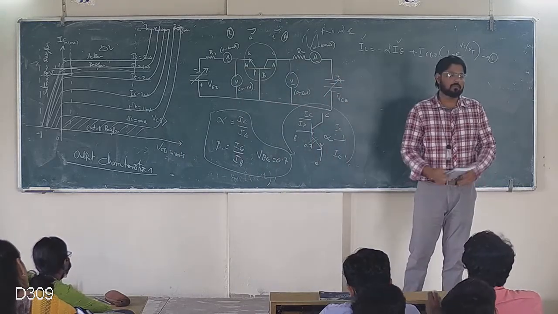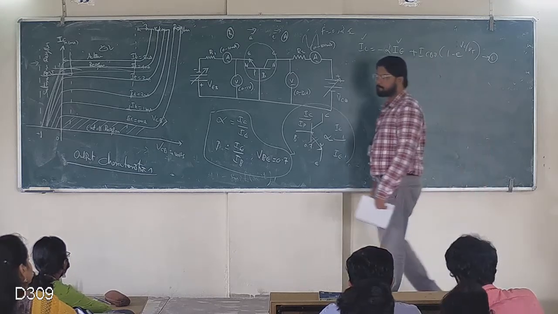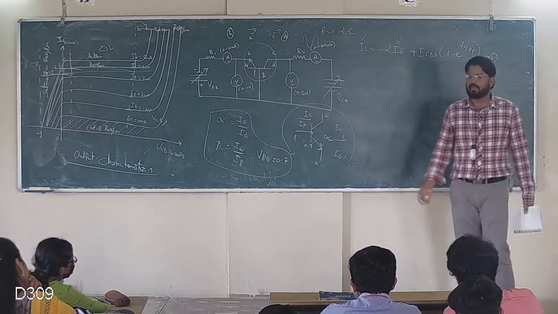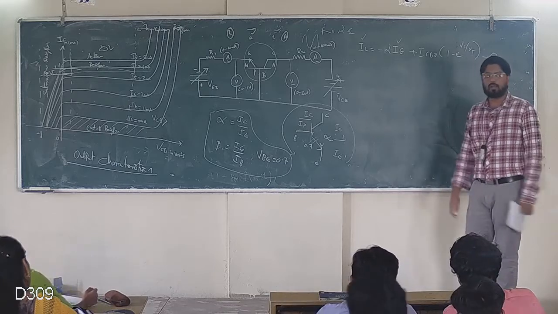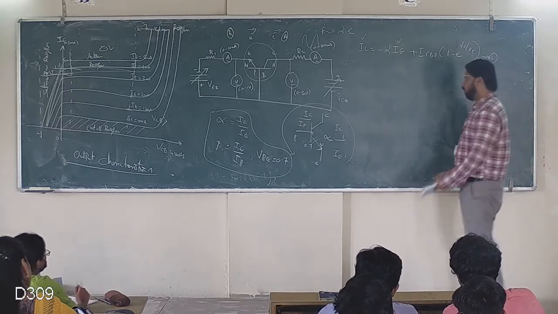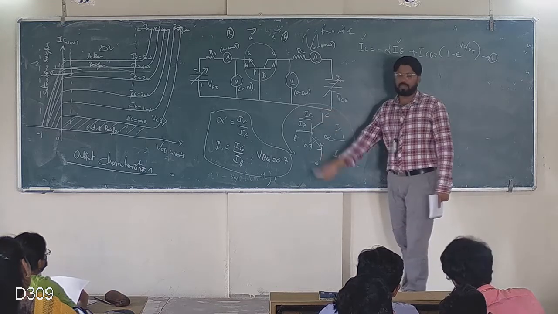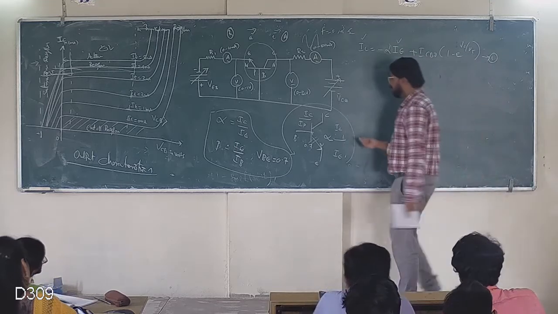What is alpha? IC by IE, approximately 1, because 100 electrons started, only 99 have reached, less than 1, as some got recombined or settled down in the base. What is beta? IC by IB, right? So what is the IC value? You know that, right? Milliamps collected.